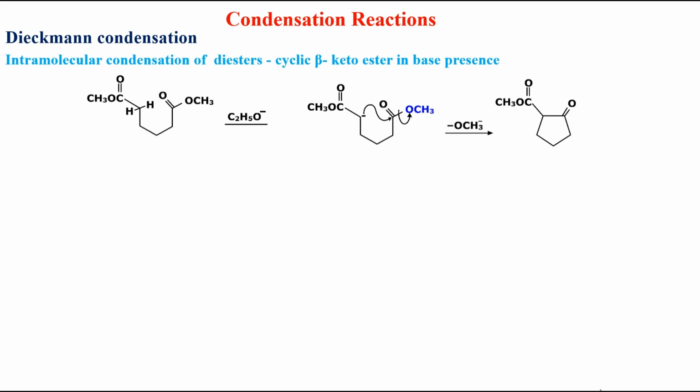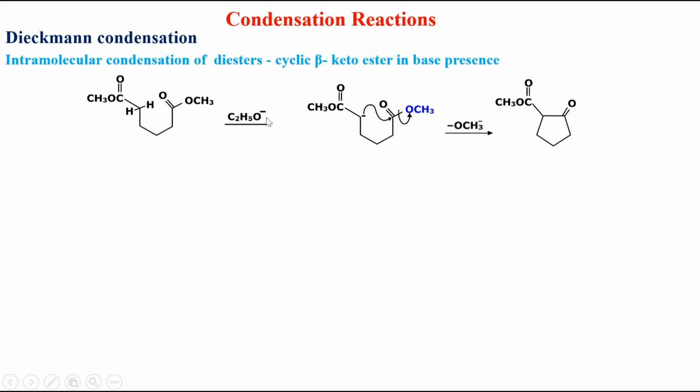The modified form of Claisen condensation is Dieckmann condensation. Dieckmann condensation is an intramolecular condensation reaction of a diester to give a cyclic beta keto ester in the presence of a base. I take a diester, it has COOMe here and CH2COOMe here.